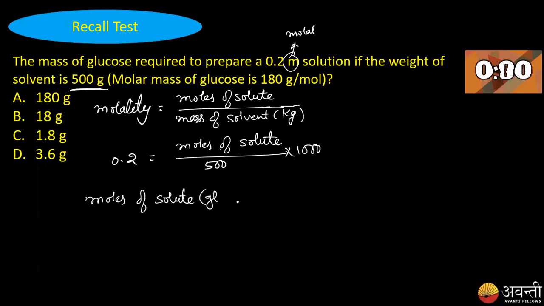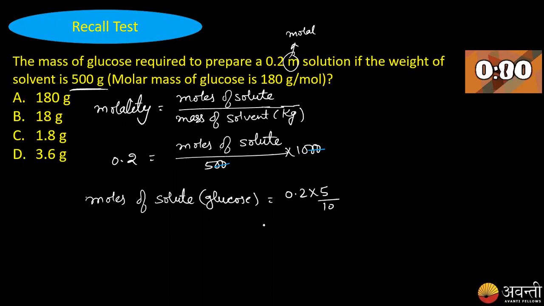Moles of glucose is equal to 0.2 into 5 by 10. Why? Because two zeros can be cancelled out here. So it's 5 by 10.